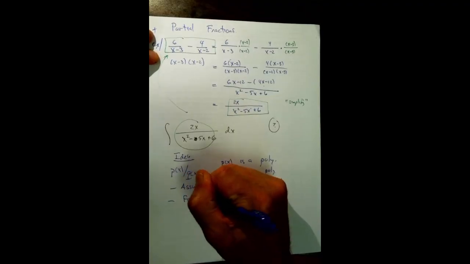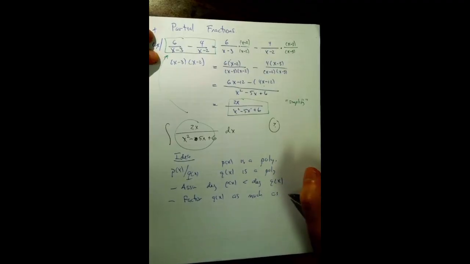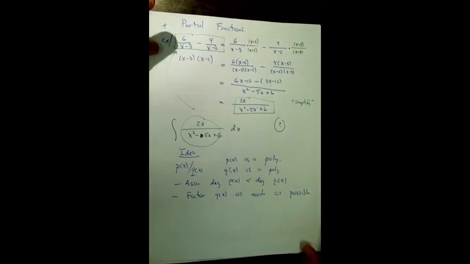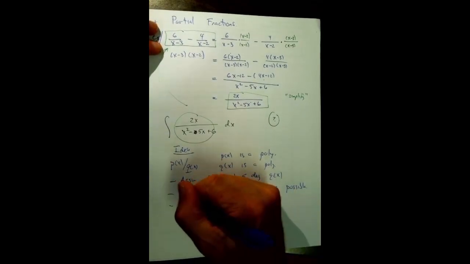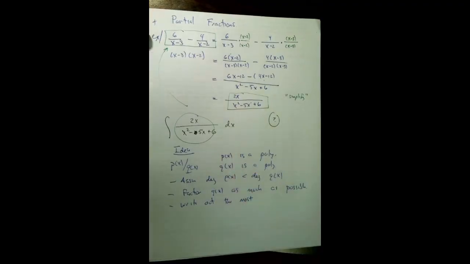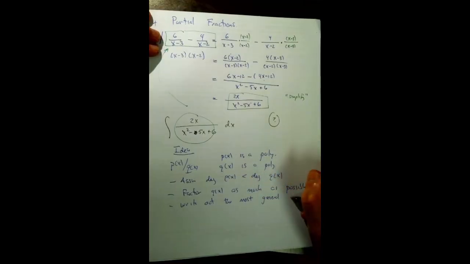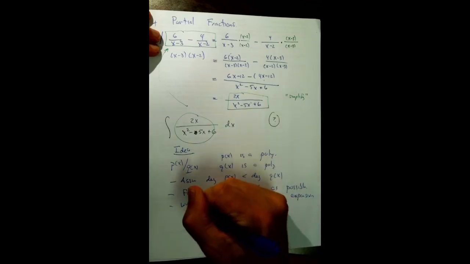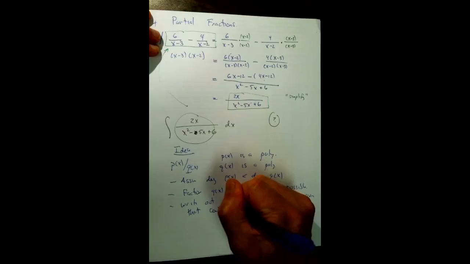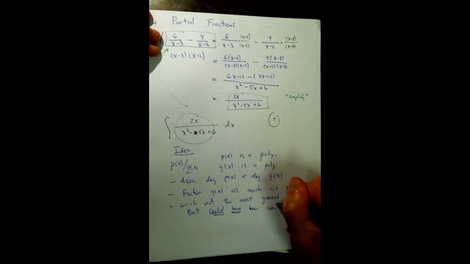The next step is you take the denominator, q of x, and you factor it as much as you can. And this is the part that can be the most difficult: we write out the most general expansion, with the key things that could have been used originally.